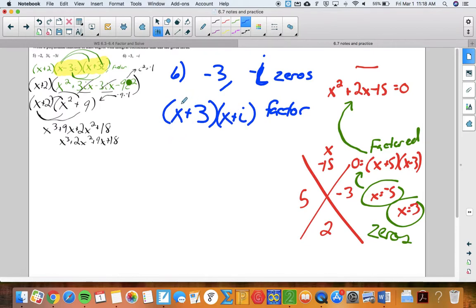All right, so now let's FOIL this together. So we get x squared, ix, 3x, and 3i. And that, folks, we can't simplify anymore. So there we are.